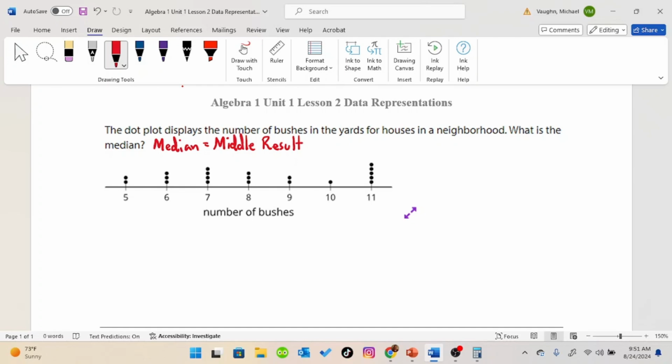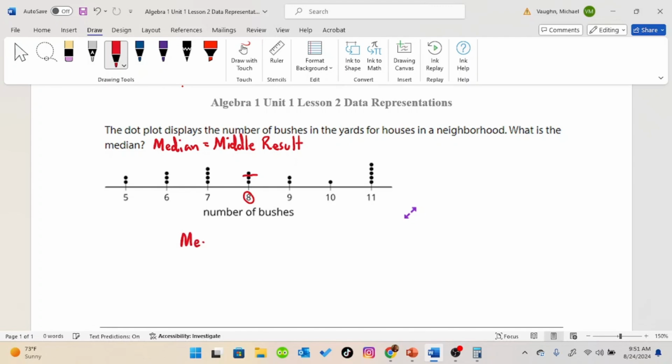So I'm going to start down here at the left, and we have 1, 2, 3, 4, 5, 6, 7, 8, 9, 10. So our median would be right here between these two dots on the number 8.